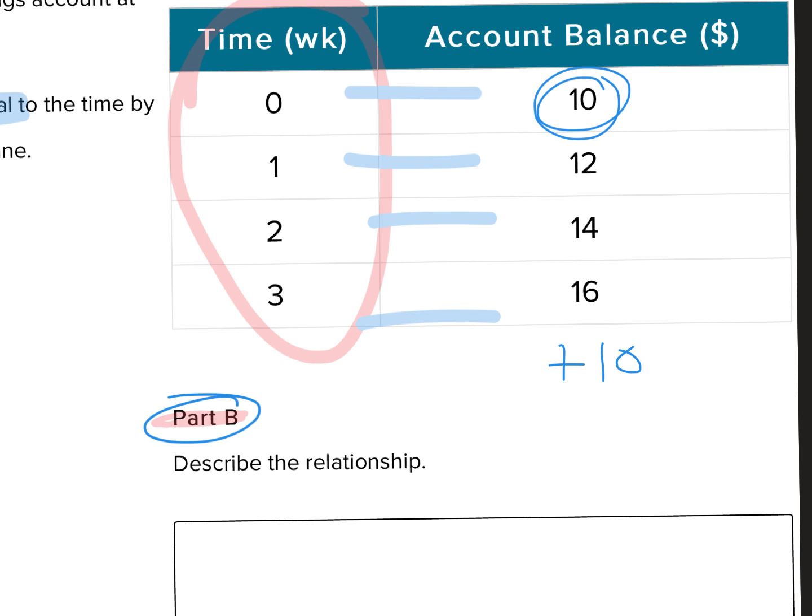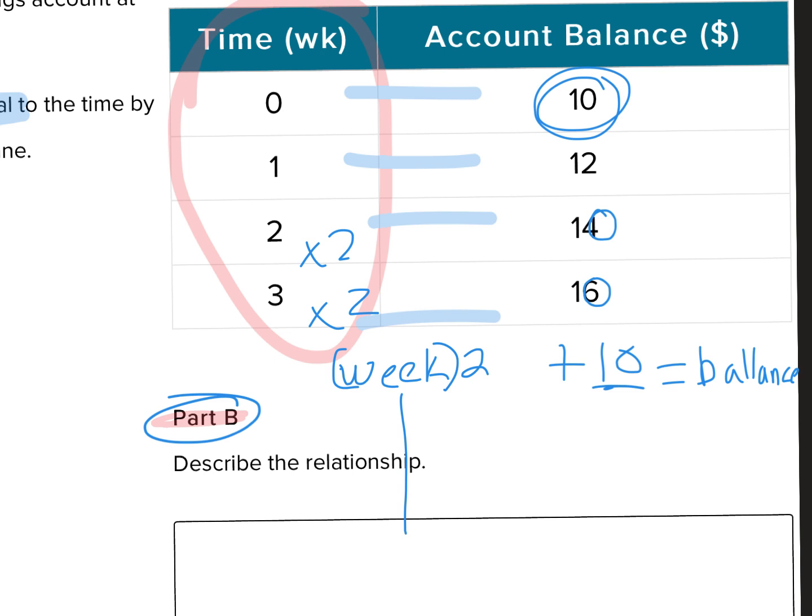If I were going to do the second week, I would multiply by 2. 2 times 2 is 4, plus my original $10 is 14. 3 times 2 is 6, plus my original $10 is 16. So I can conclude that if I take the number of weeks, multiply it by 2, and add 10, I'm going to get the balance.